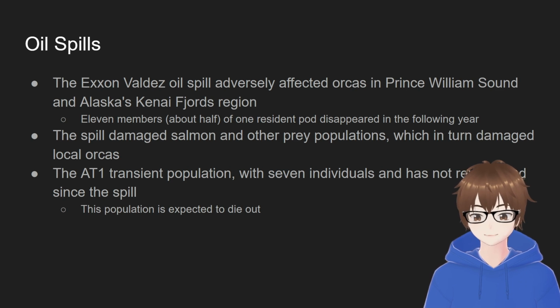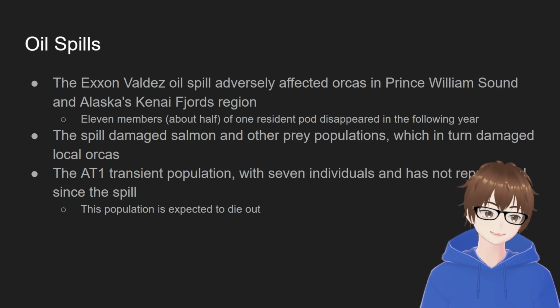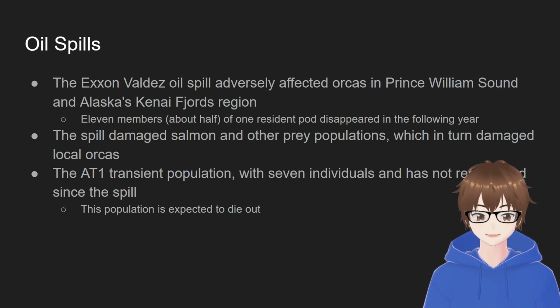I don't know for sure if that is up to now, 2024, or another year or something like that. But since the oil spill happened, there has been no reproduction inside that species. And because of this, the population is expected to die out and be gone, which is very sad, especially if they are considered a different type of species.